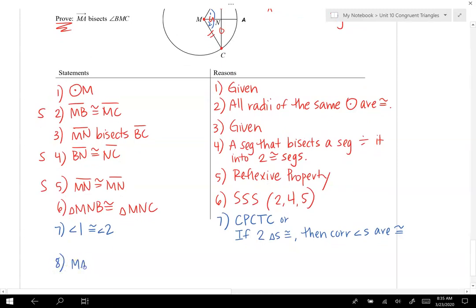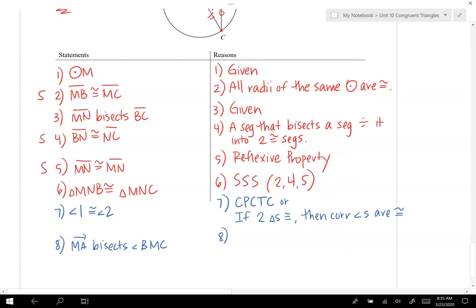Right? Ray MA bisects angle BMC. Okay? So what happened? Well, if a ray divides a segment, and this is from chapter 1. Oh, I'm sorry, it doesn't divide a segment.